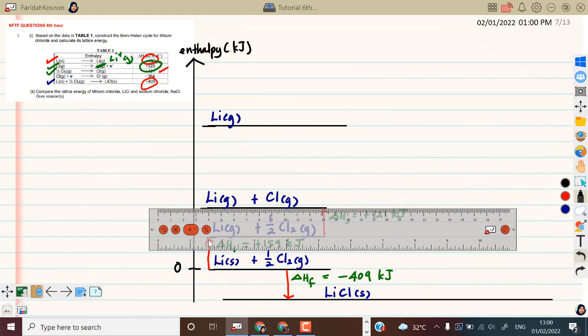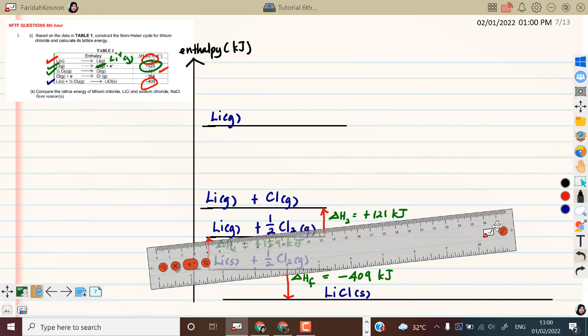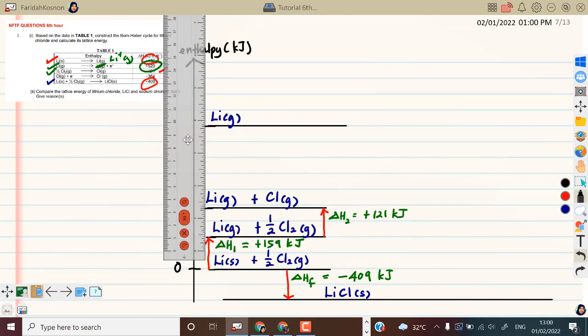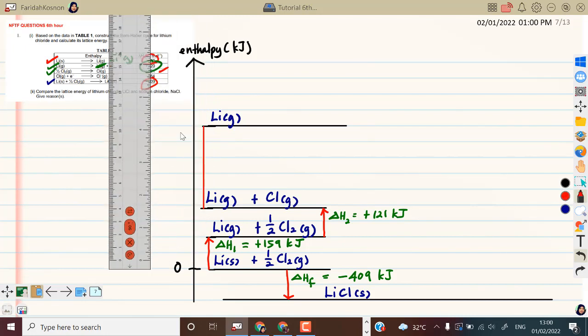Jadi saya akan gunakan ruler lah sebab arrow tu panjang, nanti tak smooth pula. Okay, jadi sekarang this process akan involve energy changes yang mana tenaga diperlukan. Okey, berapakah tenaga diperlukan yang dipanggil ionization energy? So delta H3 kat sini adalah positive 520 kilojoule.